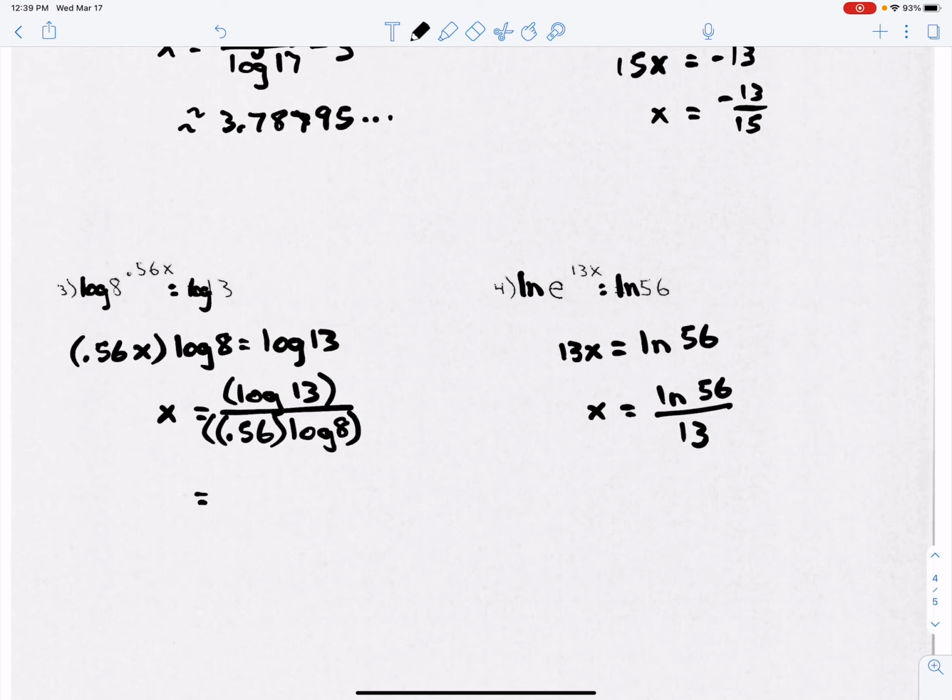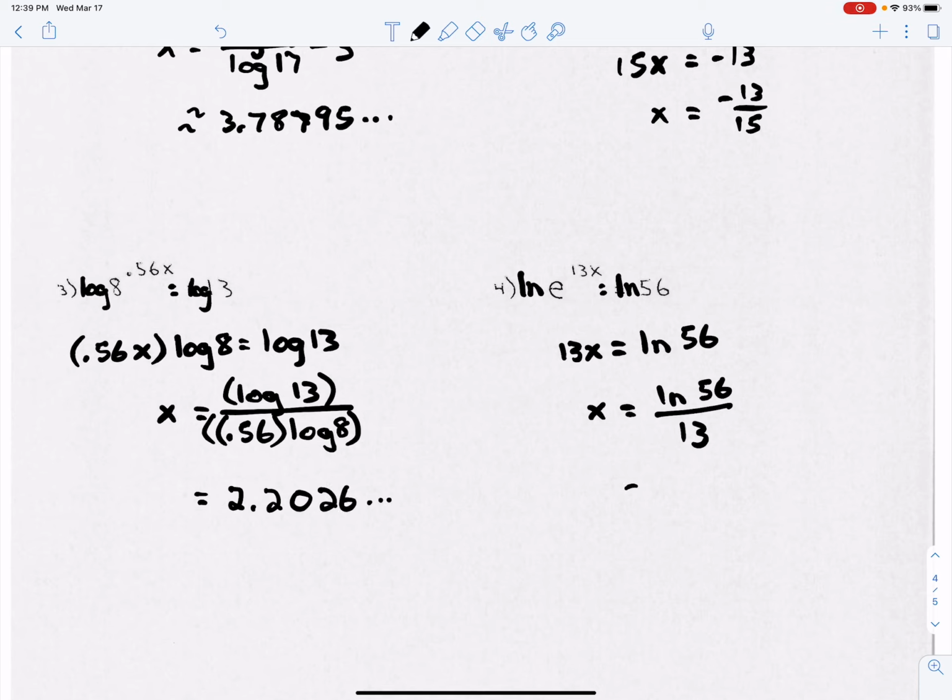Then I'm going to divide by, open parentheses, and I'm going to put the log of 8 in first. It'll be easier. The log of 8 times 0.56. Then close the parentheses, and then sum it up, and you get 2.2026, et cetera, et cetera.